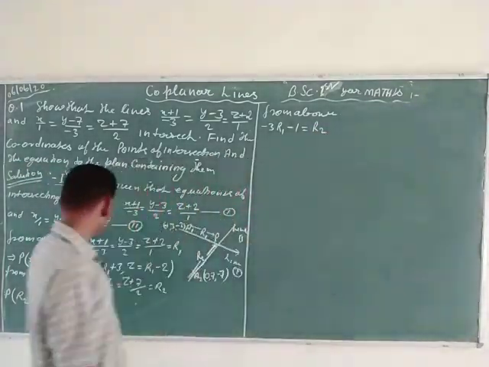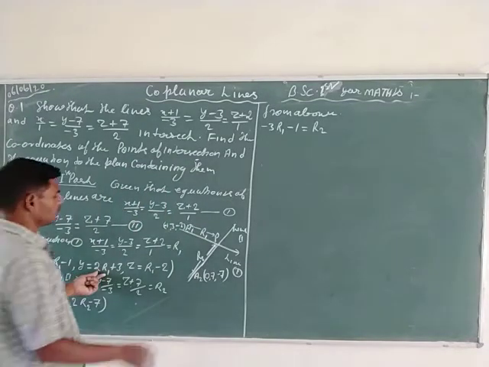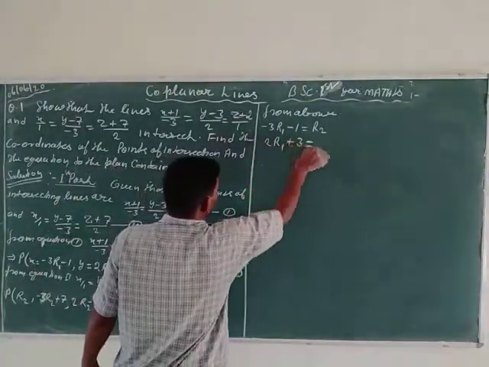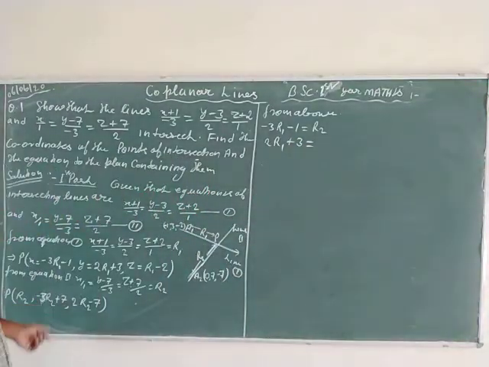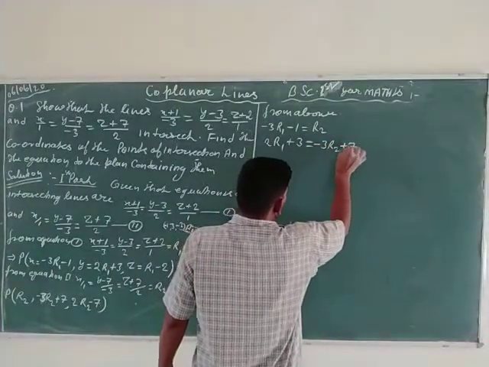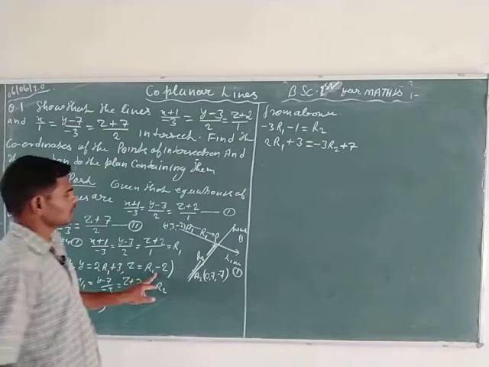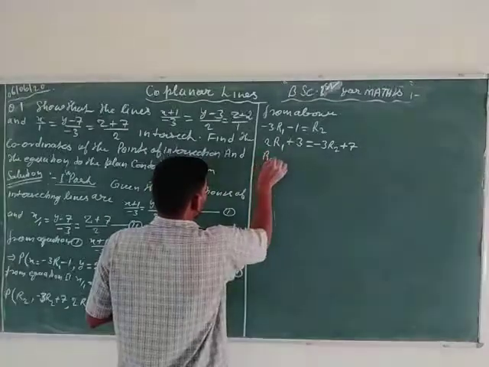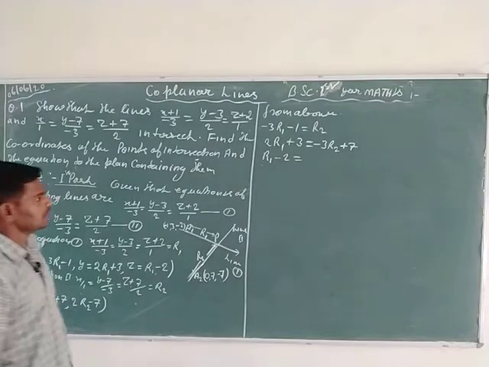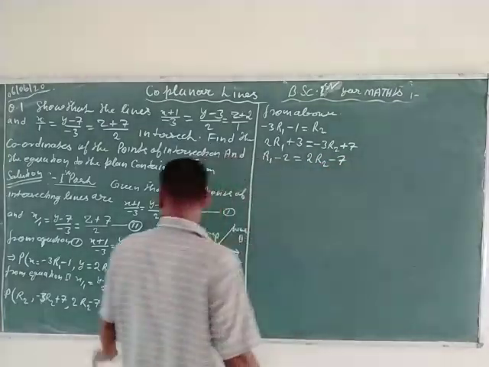The second coordinate of the first line, 2 r1 plus 3, is equal to minus 3 r2 plus 7. At last the third coordinate, r1 minus 2 on the first line, is equal to 2 r2 minus 7 on the second line.